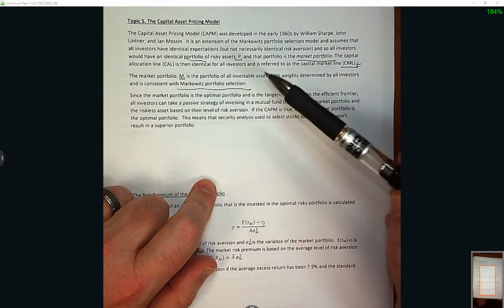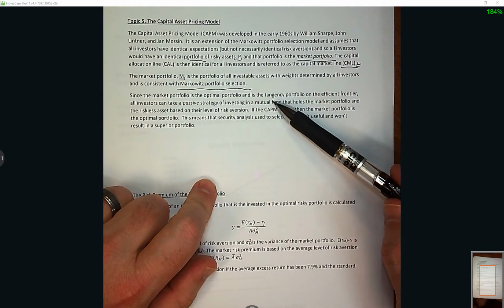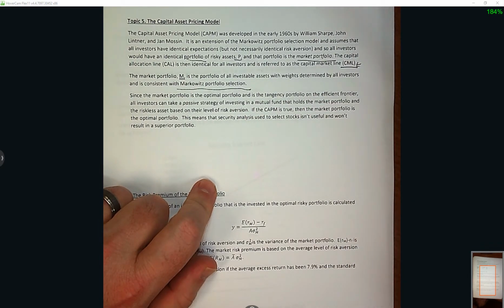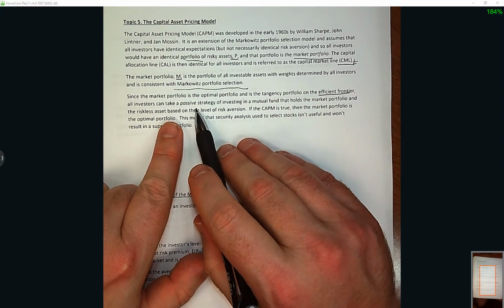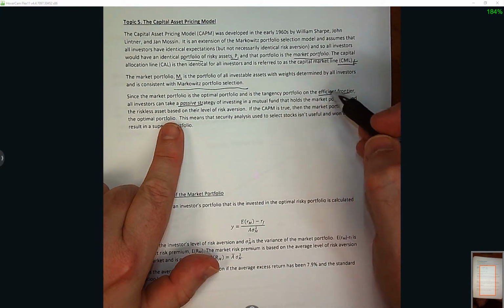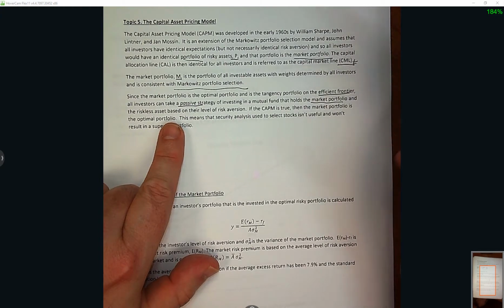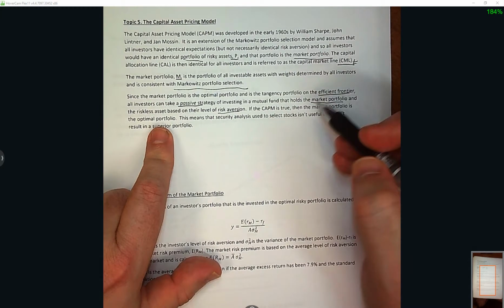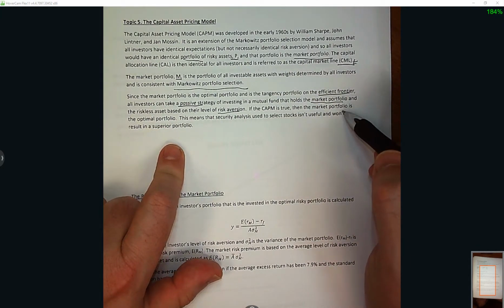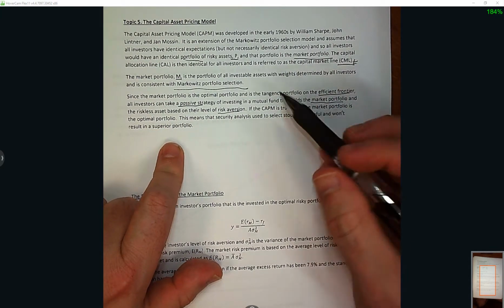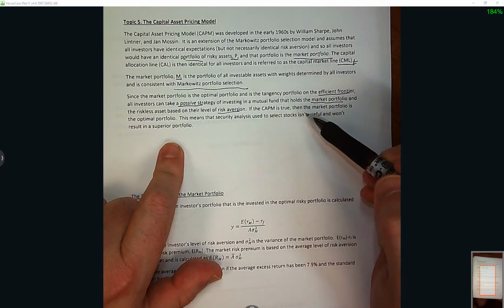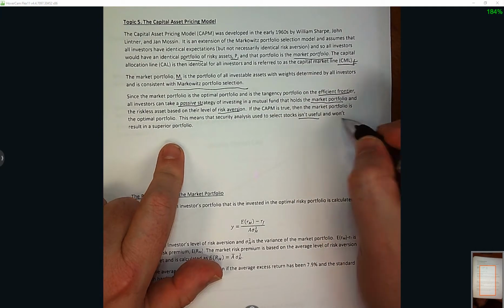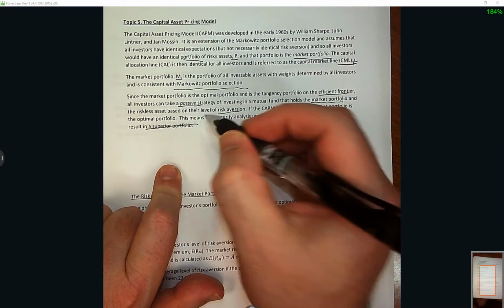Since the market portfolio is the optimal portfolio and the tangency portfolio on the efficient frontier, so if you think back to when I went through that graph and showed you where the efficient frontier is, all investors can take a passive strategy of investing in a mutual fund that holds the market portfolio, that one portfolio, and the riskless asset based on their level of risk aversion. If the CAPM is true, then the market portfolio is the optimal portfolio. This means that security analysis used to select stocks isn't useful and won't result in a superior portfolio.